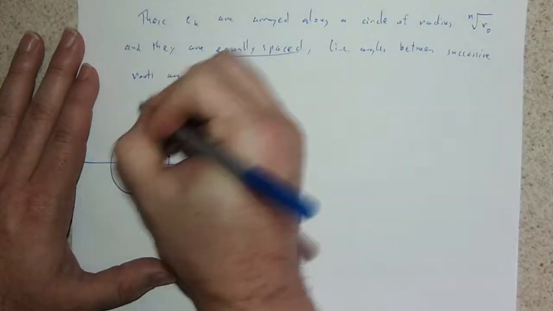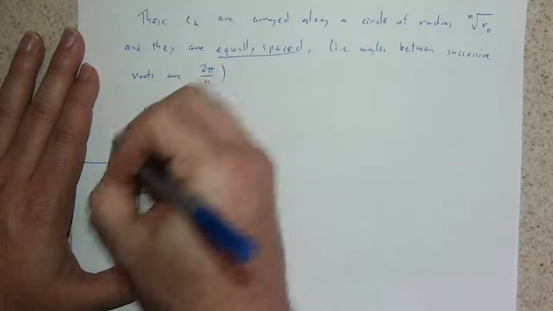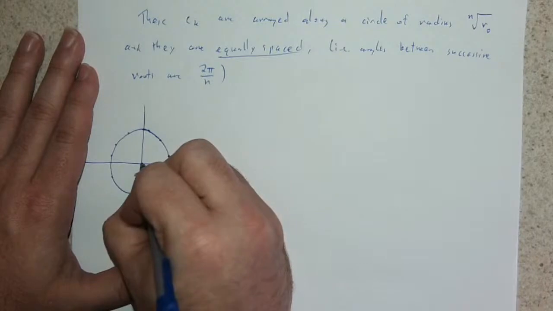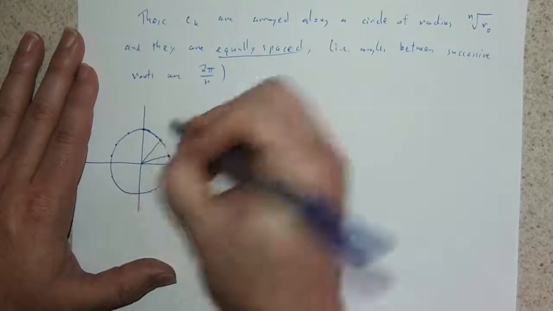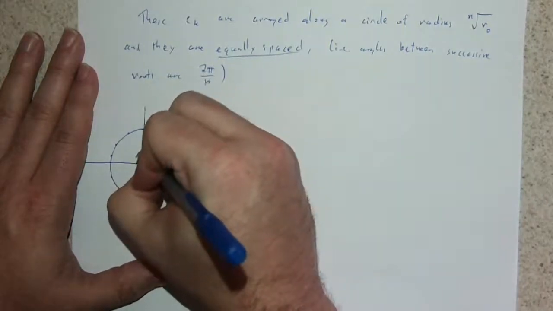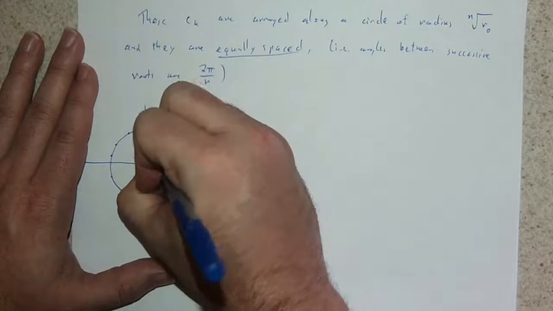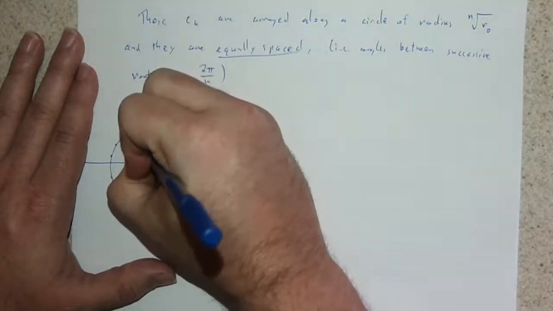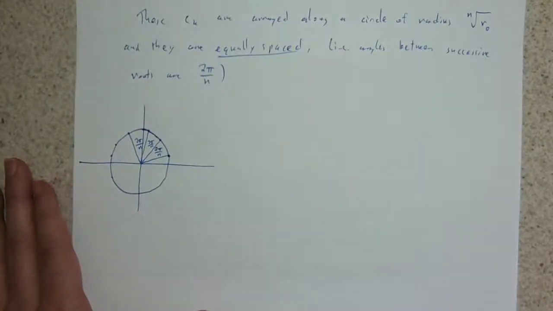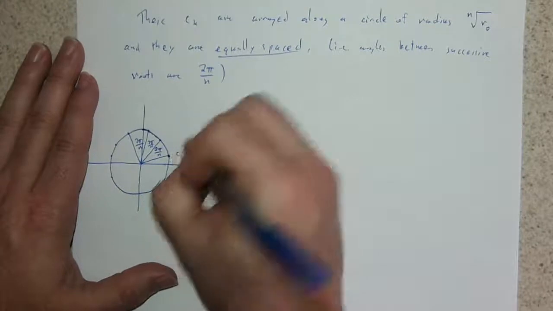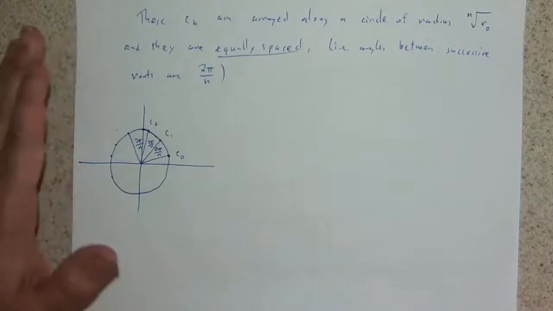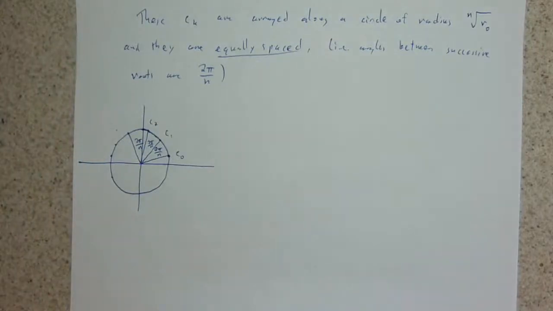Of course, where they are located depends on what n is. They're equally spaced here so that between each of these is an angle of 2 pi over n. So the next angle is 2 pi over n as well, and so on. All right, so maybe here is C0, here's C1, here's C2, and so on, all the way around, equally spaced. Okay, in this way.